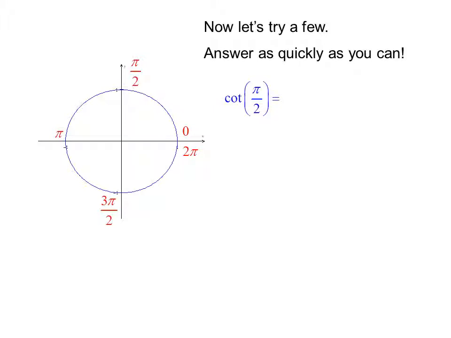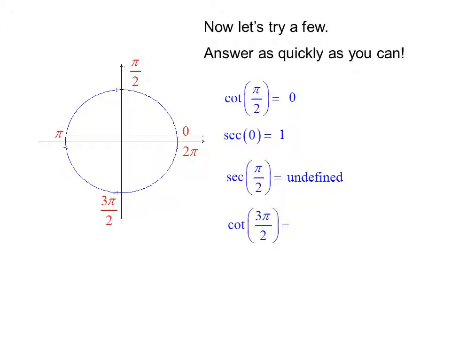Here's a few more. Cotangent of pi over 2, 0. Secant of 0. Remember, secant is 1 over cosine, and the cosine of 0 is 1. So we get 1. Secant of pi over 2 is undefined because we're dividing by 0.